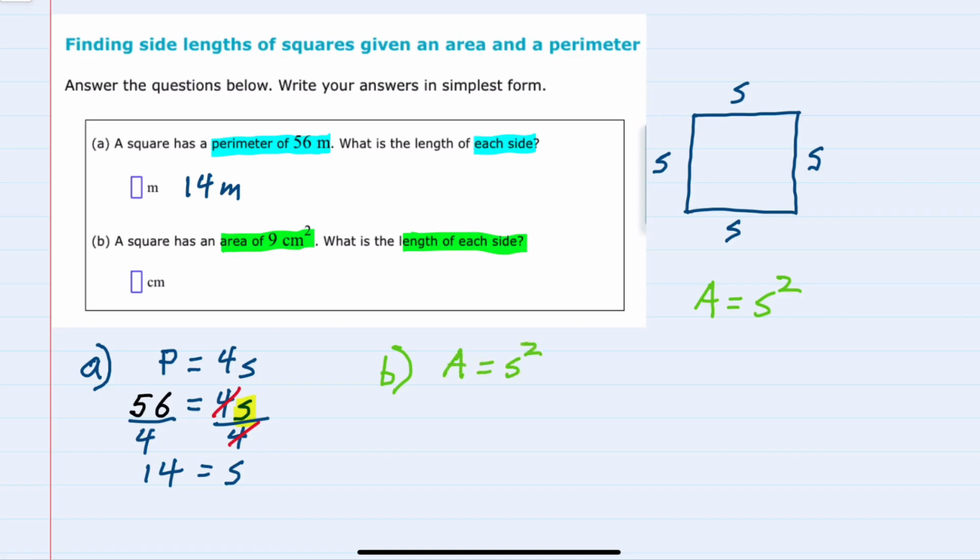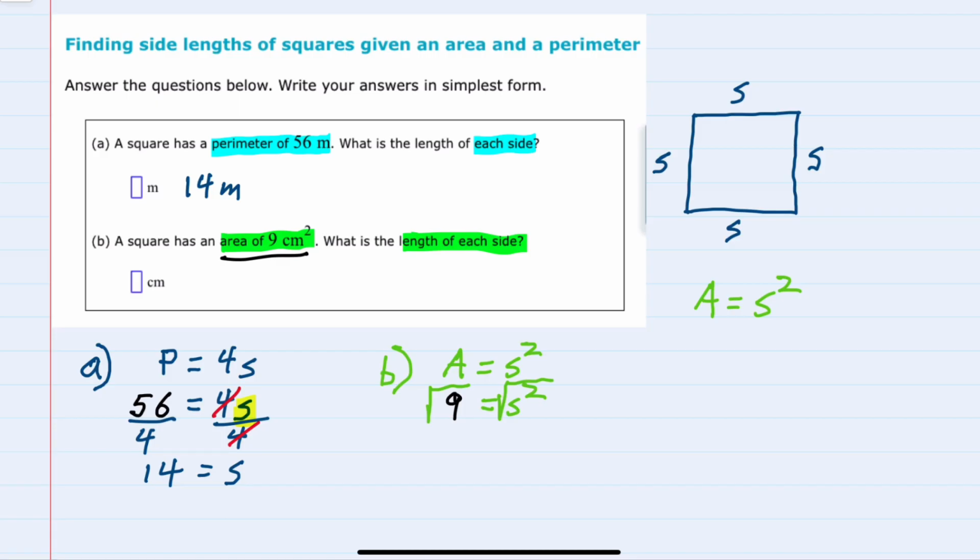And again, this time we're told that the area is 9 square centimeters. So I can replace the area on the left-hand side with 9. And we still want to solve for s to find the length of a side. But this time we have s squared on the right-hand side. So to undo that, we will need to take the square root of the right-hand side, which also means taking the square root of the left-hand side.